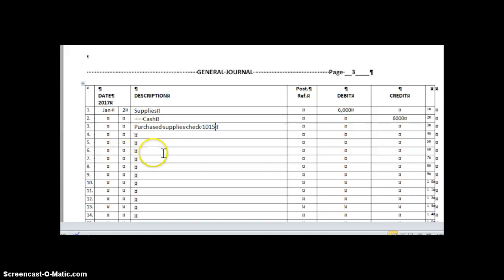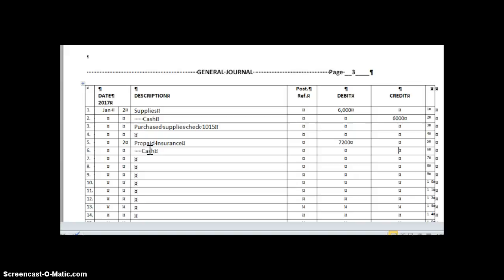Skip a line, go to the next transaction, which is also on January 2nd. We purchased a 1-year insurance policy for $7,200. So this is prepaid insurance since it's for 1 year. And the amount we bought it for was $7,200. We paid cash for it since we wrote a check, so it comes out of cash.